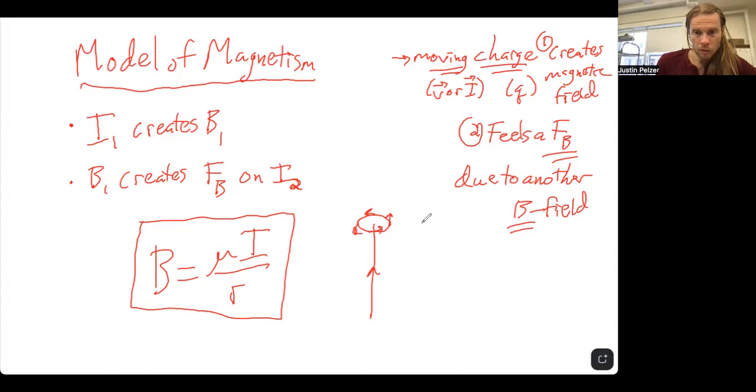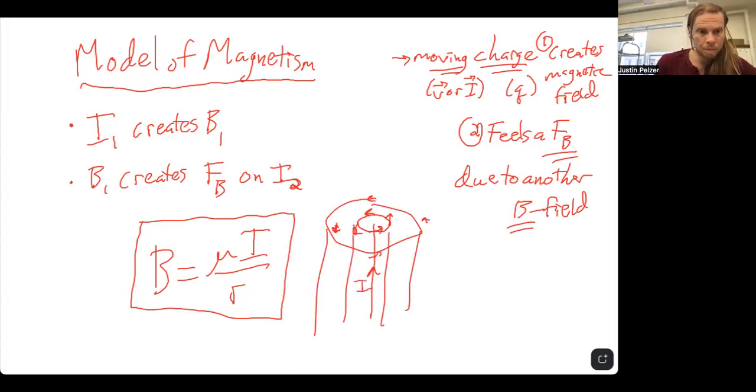And it gets weaker as you get farther out because it gets distributed over a bigger cylinder. So the current is what's creating the field. These arrows are the field, and they get weaker as R because the area of this cylinder is 2 pi R times the height, so it goes down as R, not over R squared.